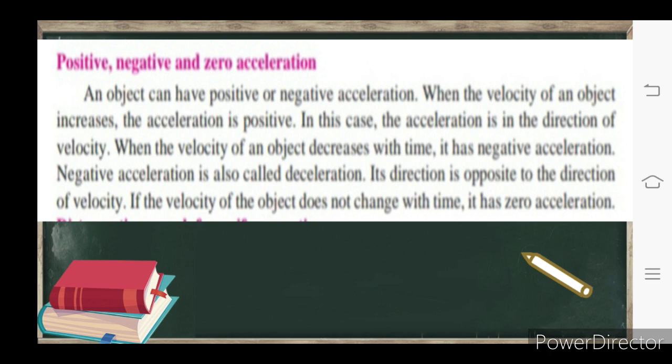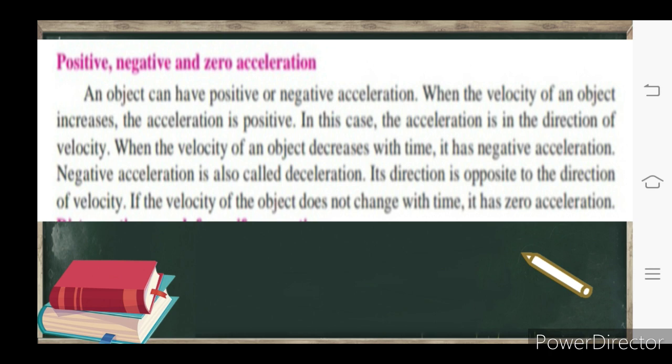Now when can we say acceleration is negative? When the velocity of an object decreases with time, then it has negative acceleration. Negative acceleration is also called deceleration.